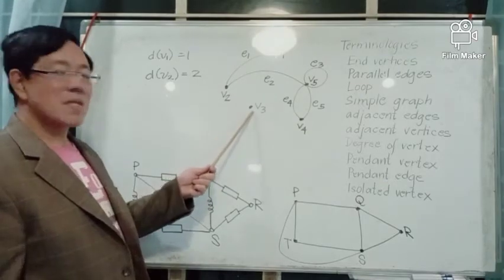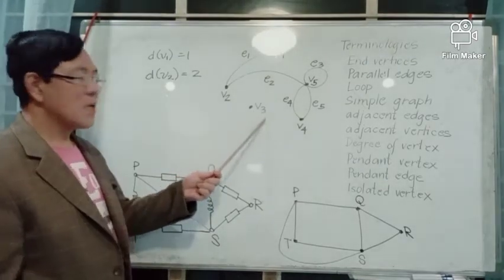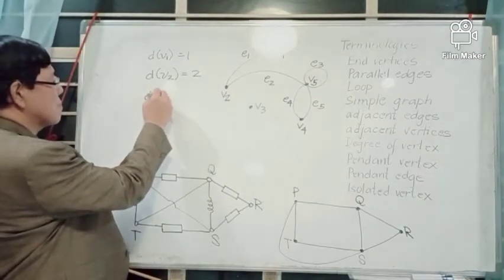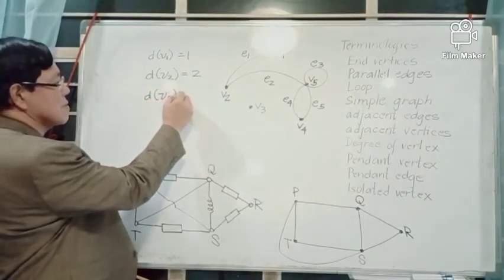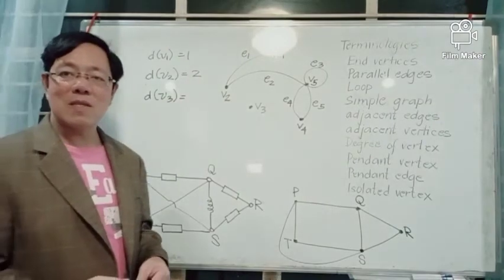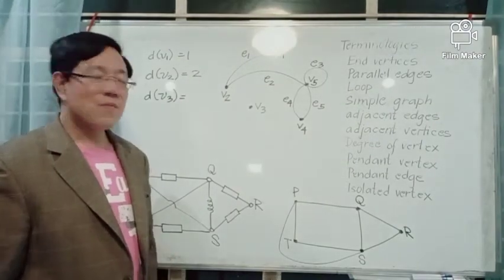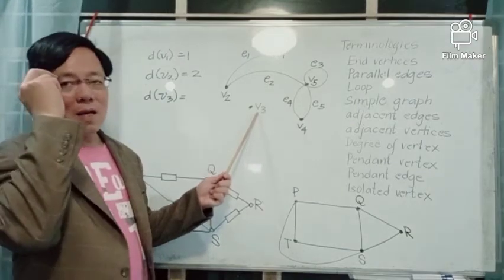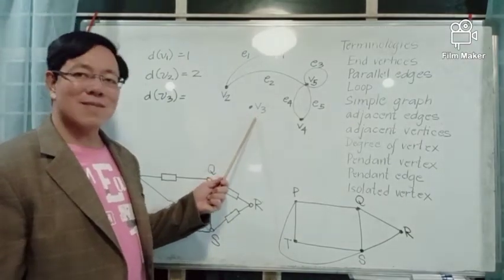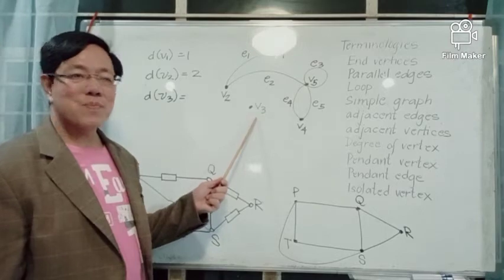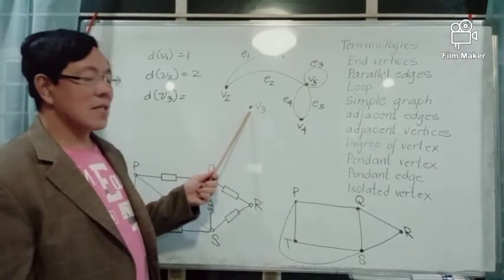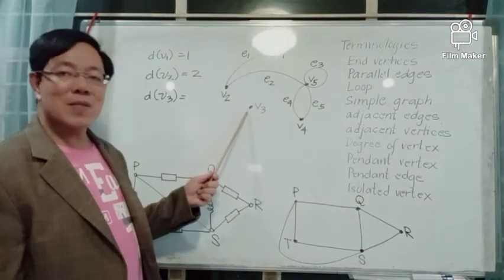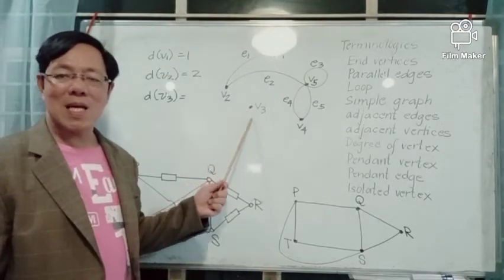Now, this vertex B3, what is the degree of vertex B3, denoted by D of B3? It is the number of edges that have B3 as an end vertex. And you can see from this graph that there is no edge that has vertex B3 as an end vertex. Therefore, we say the degree of vertex B3 is 0.